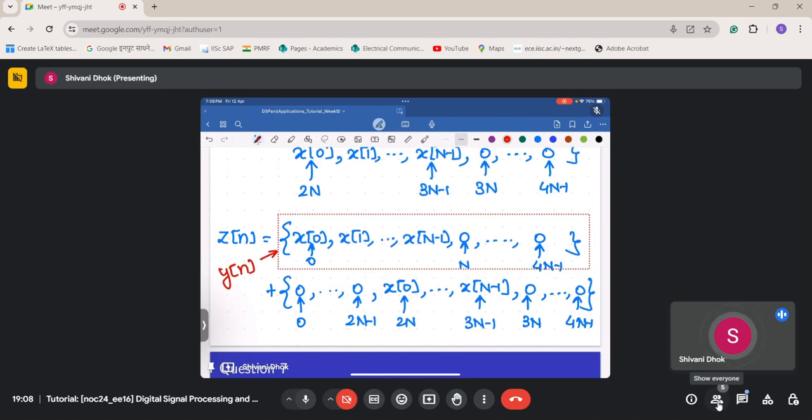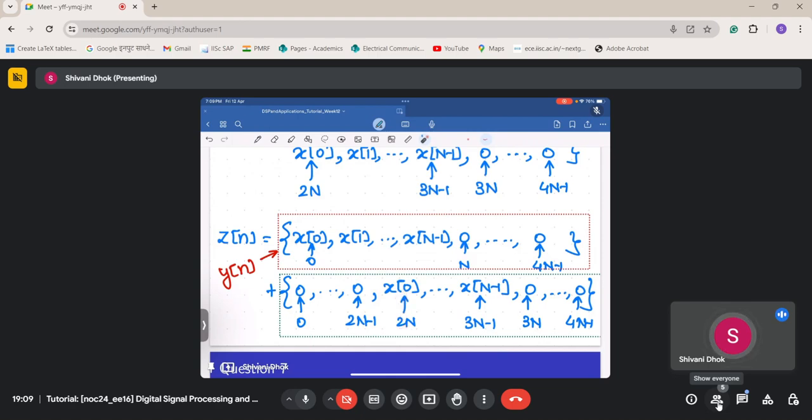Now if I shift this y of n sequence rightwards by 2N units, that will give me this particular sequence. So this part is y of n. Now I'm shifting this y of n. It starts from 2N.